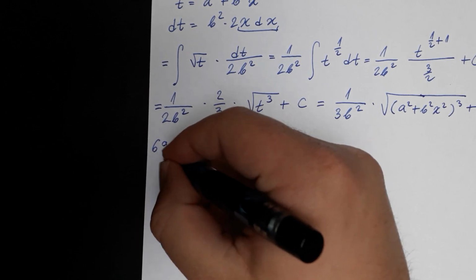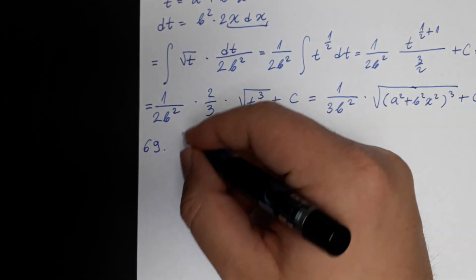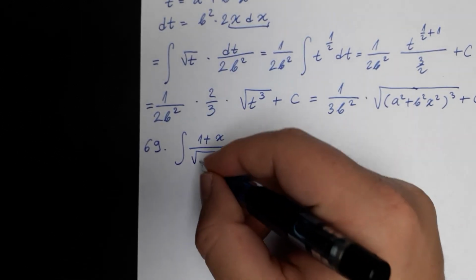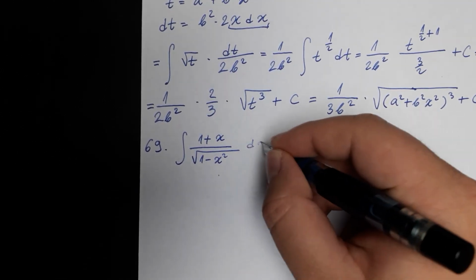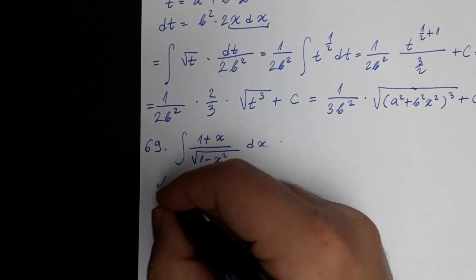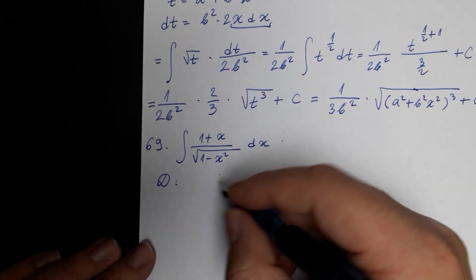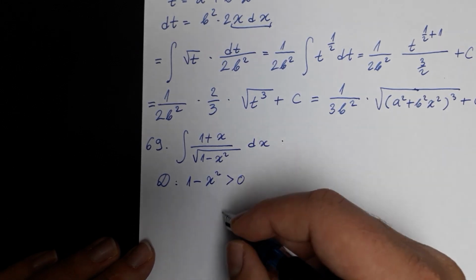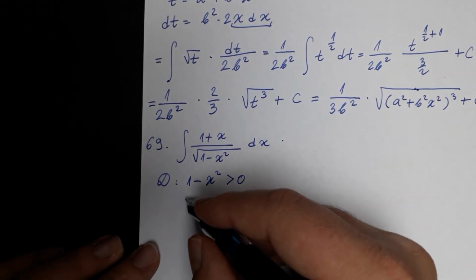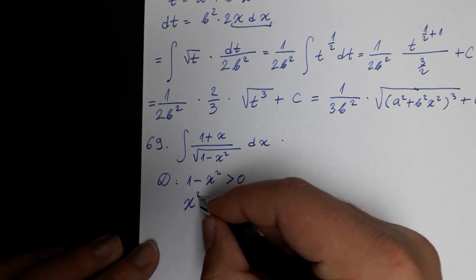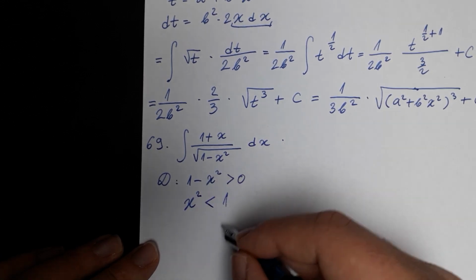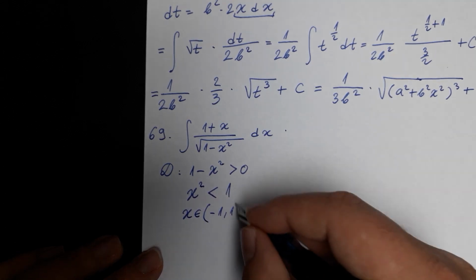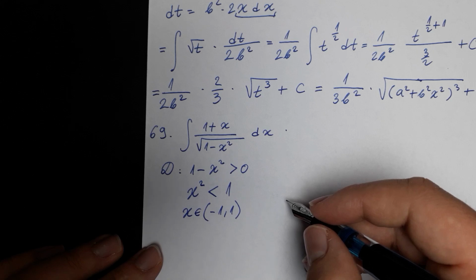Integral number 69 on our list is an integral of 1 plus x divided by a square root of 1 minus x squared dx. The area in which this integral is defined is for all 1 minus x squared larger than 0, and that means that x squared has to be smaller than 1, which makes x belong in an open interval from -1 to 1.